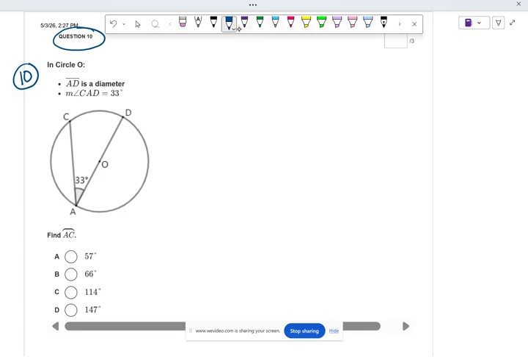All right, well, let's see what we have. This angle CAD is an inscribed angle. It has been cut in half.